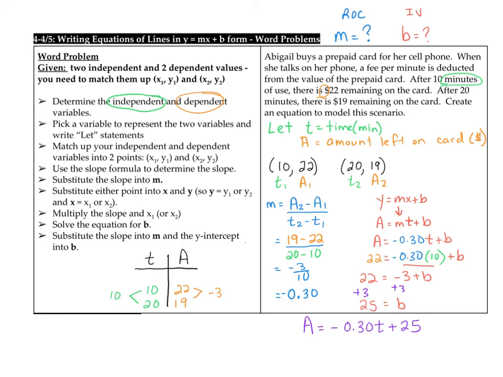Remember, it is y2 minus y1. So to go from 22 to 19, you're subtracting 3. To go from 10 to 20, you're adding 10.